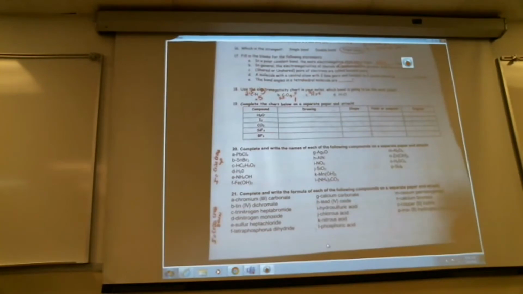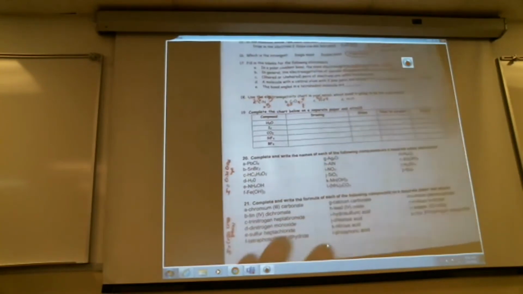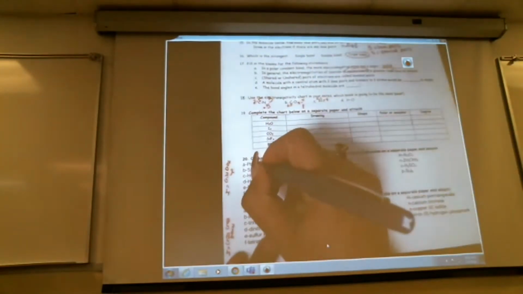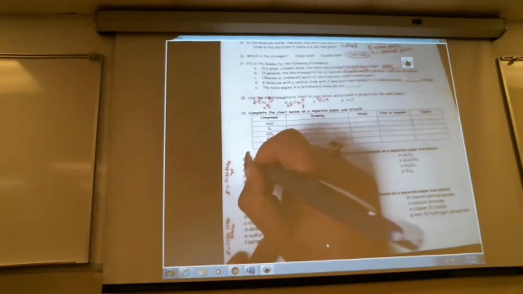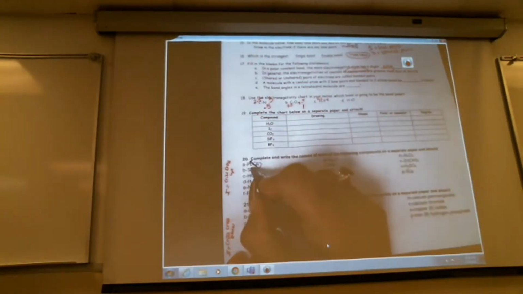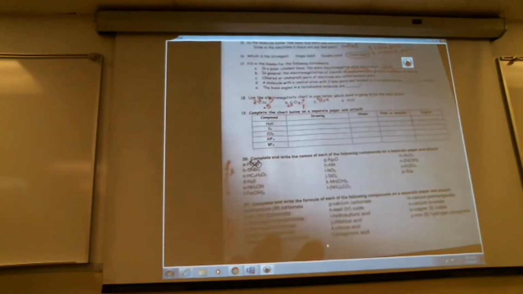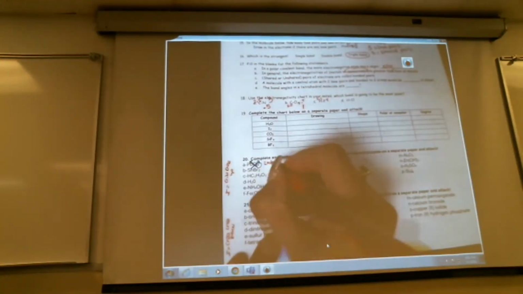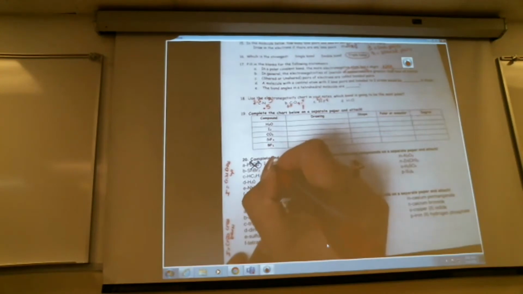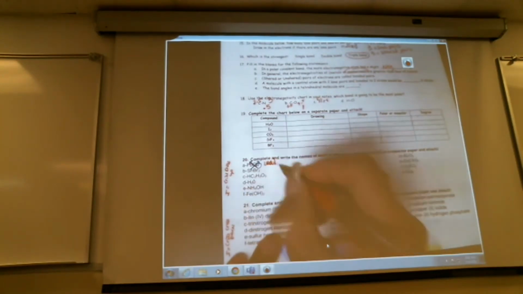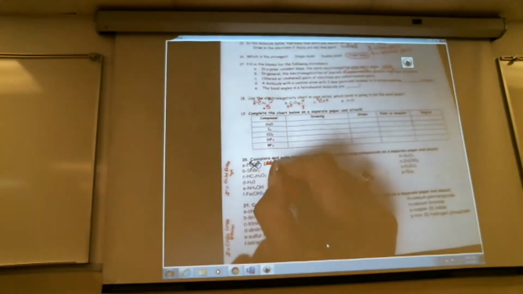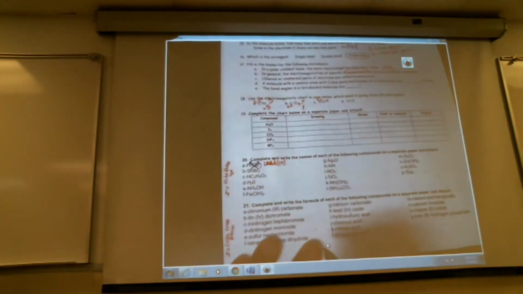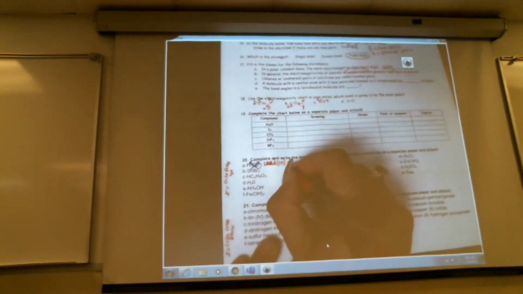You don't even need me to say that. But this is where students make the mistakes. This 4 actually belongs to the Pb. The 1 belongs to the Cl. So to write out the name, I'm going to write lead, L-E-A-D, lead, Roman numeral IV, and then I can write chloride.